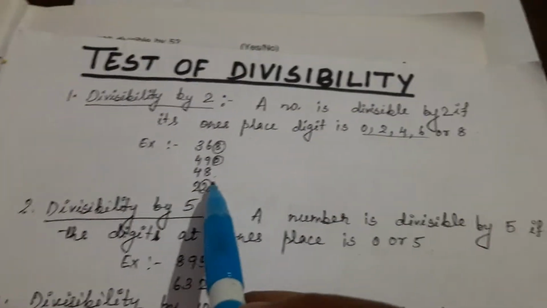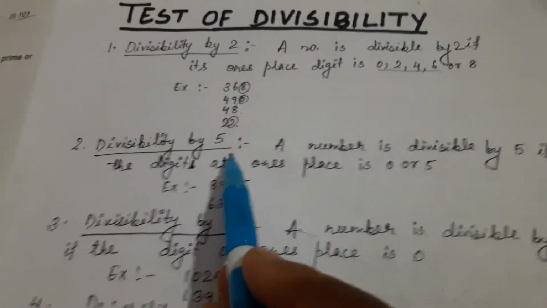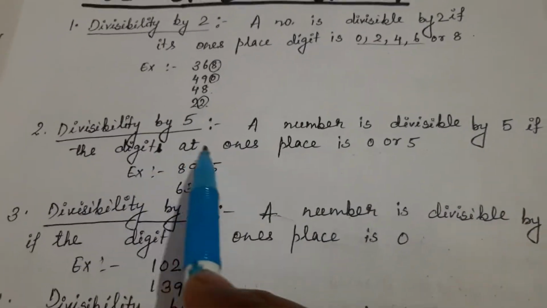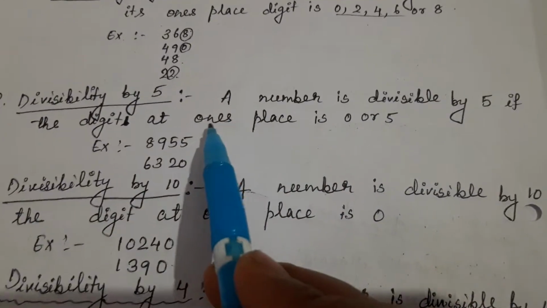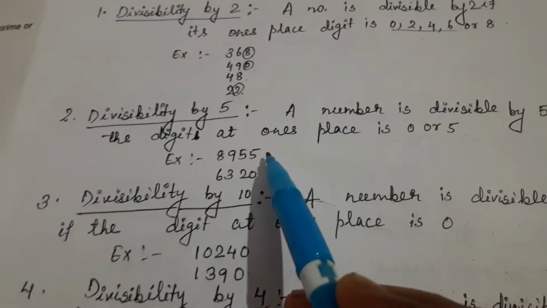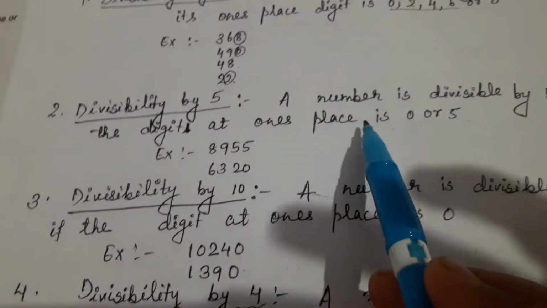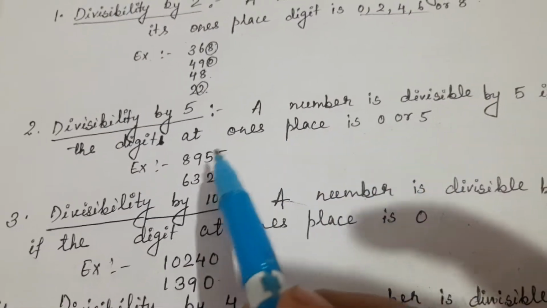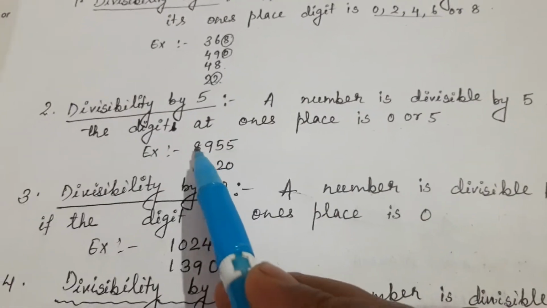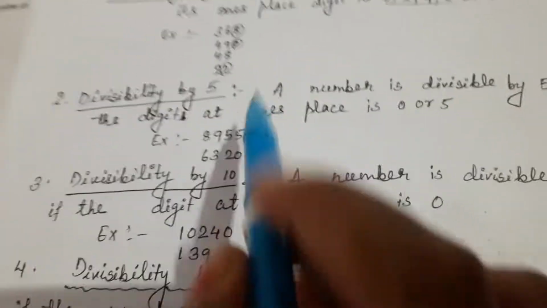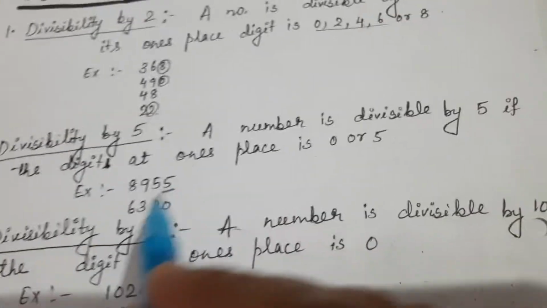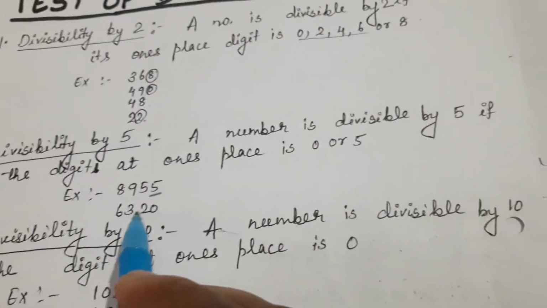Then divisibility by 5. A number is divisible by 5 if the digit at ones place is 0 or 5. In any number, if its ones place digit is 0 or 5, then the big number is divisible by 5. For example, 8955 and 6320.